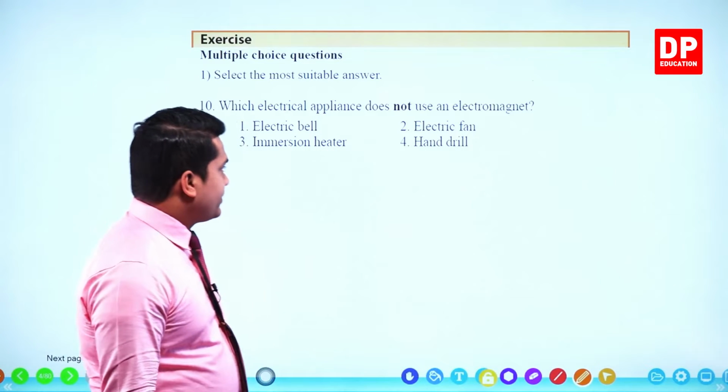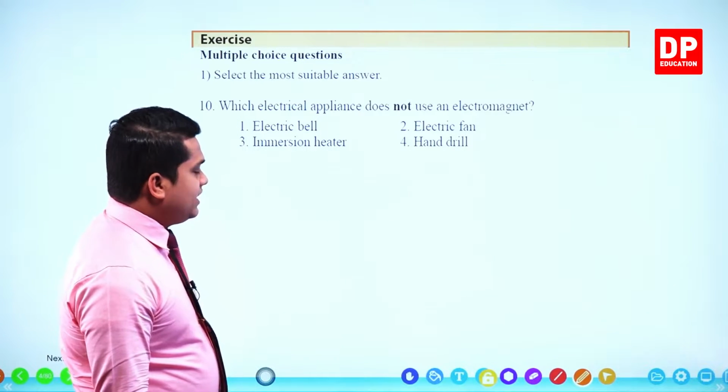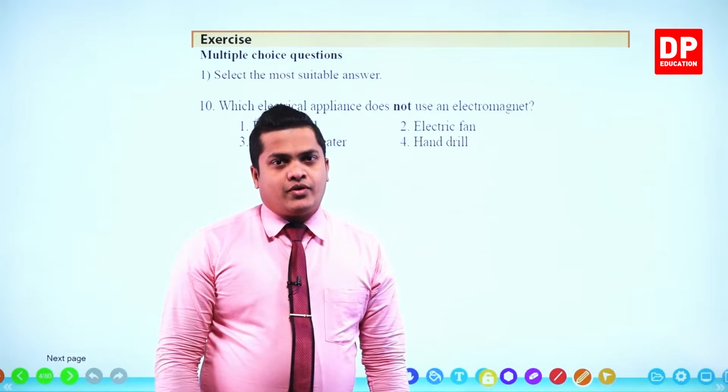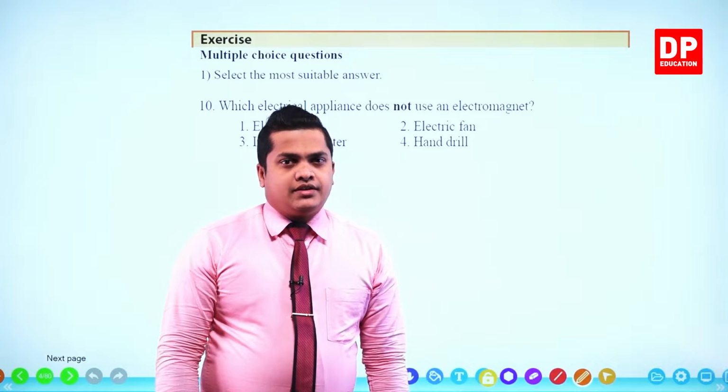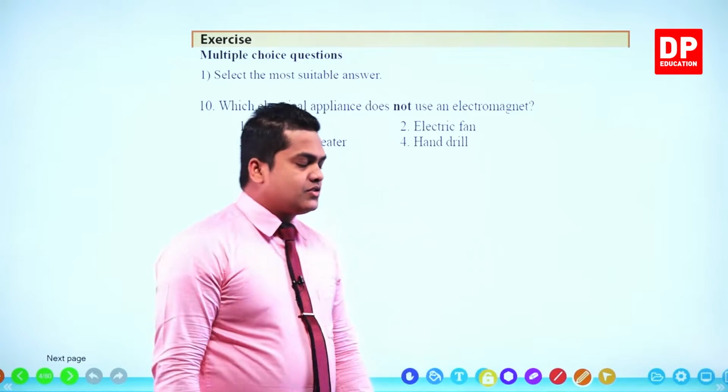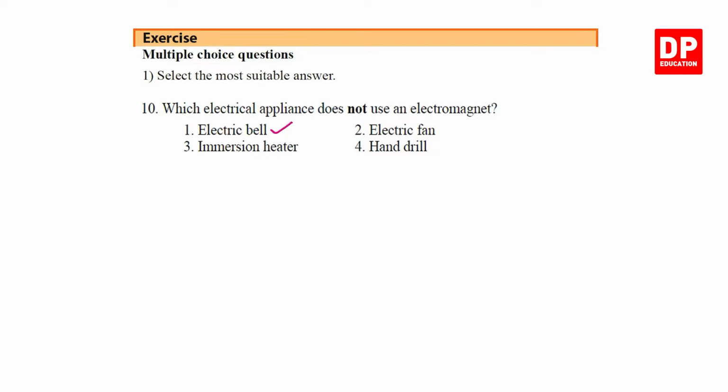So let's see. Electric bell. We even discussed how to create a simple toy electric bell under the magnetic effect given out by electric current. So this is absolutely correct. Electric fan, there is a motor, it's rotating, so it is correct.